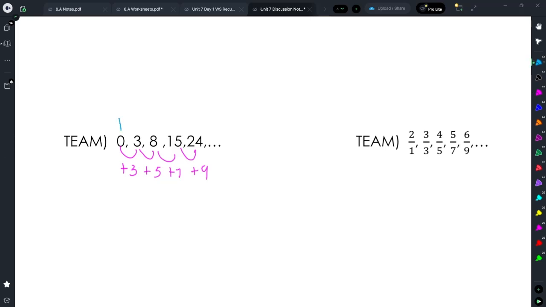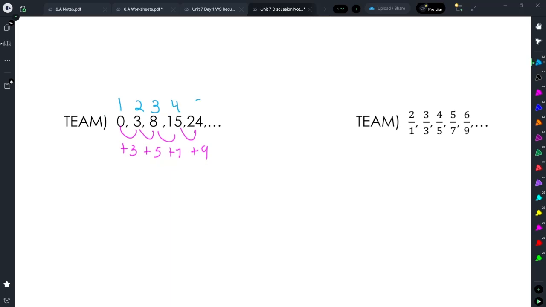If this is 1 squared, 1 minus 1 is 0. 2 squared is 4, 4 minus 1 is 3. 3 squared is 9, 9 minus 1 is 8, and so on. So a sub n is going to be equal to n squared minus 1. And once we're all done with these, I'm going to go back and highlight which ones are arithmetic, geometric, and neither.